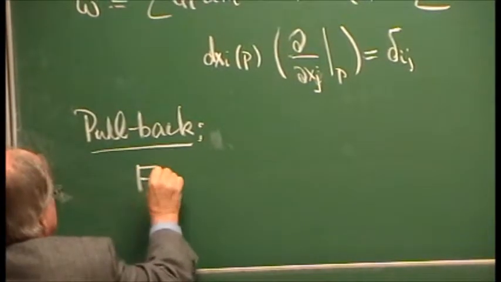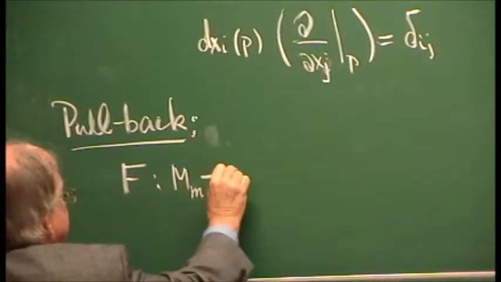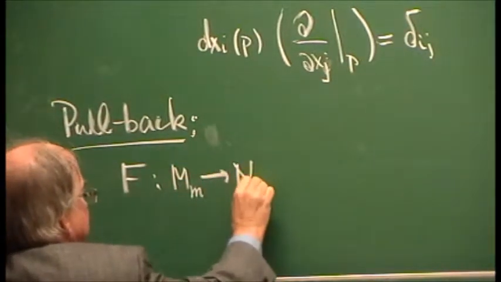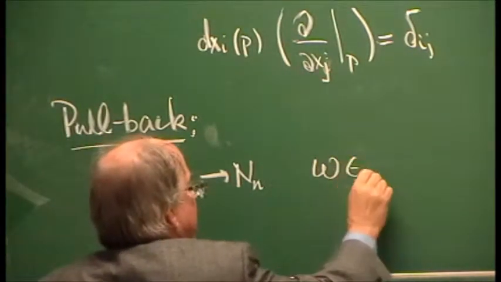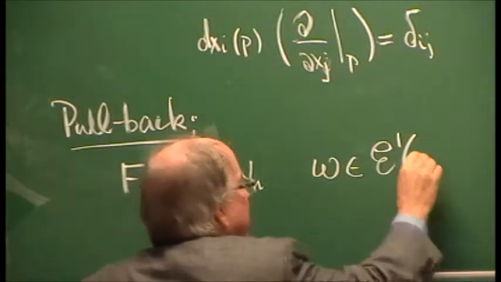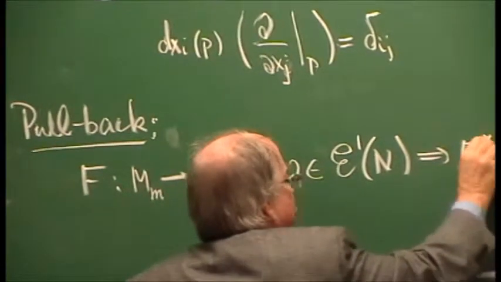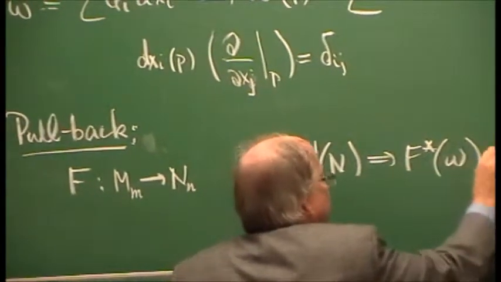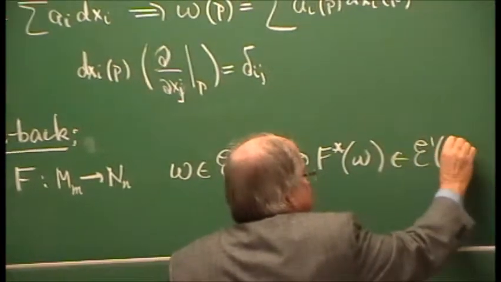If you have a map from a manifold, let's be precise about this, an m-dimensional manifold into an n-dimensional manifold, and you have a form on the n-dimensional manifold, then you pull it back to get a form on the original manifold.